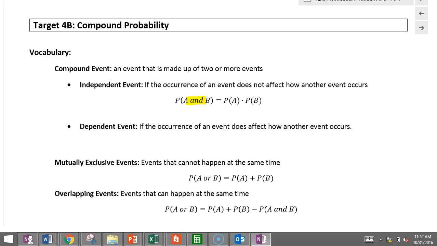If events are not independent, then we call them dependent, right? The one depends on the other. So, for example, the probability of it raining here in Berwyn and the probability of it raining in Chicago. Those two places are so close that the probability of one and the probability of the other are probably linked in some way.